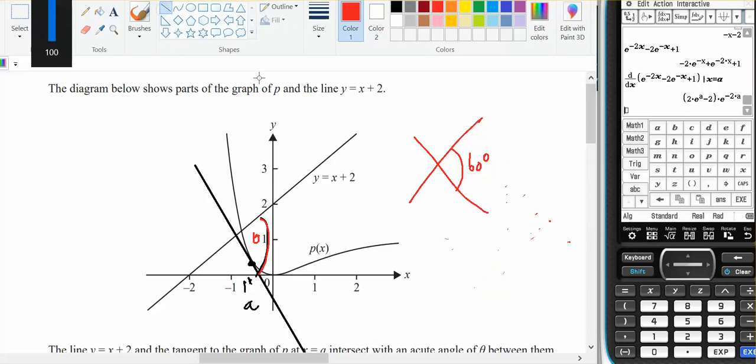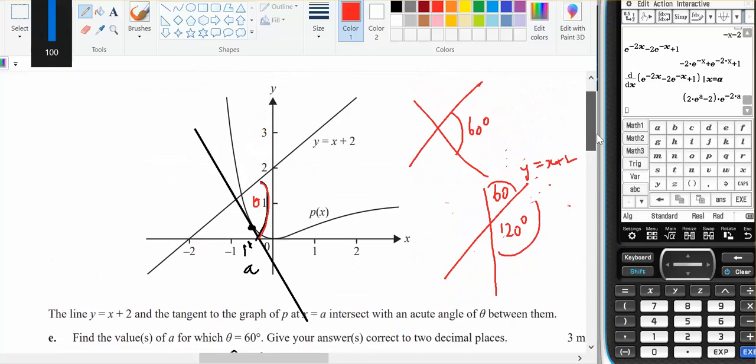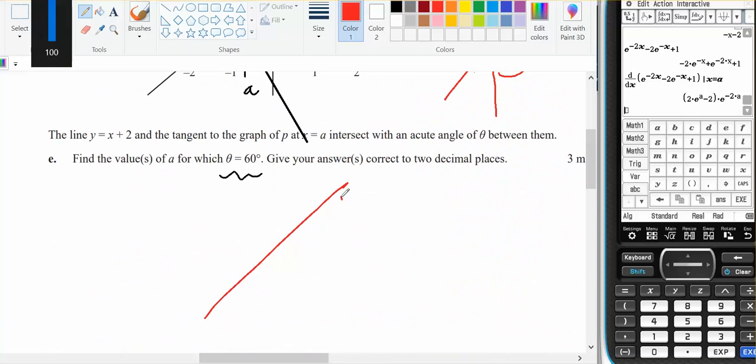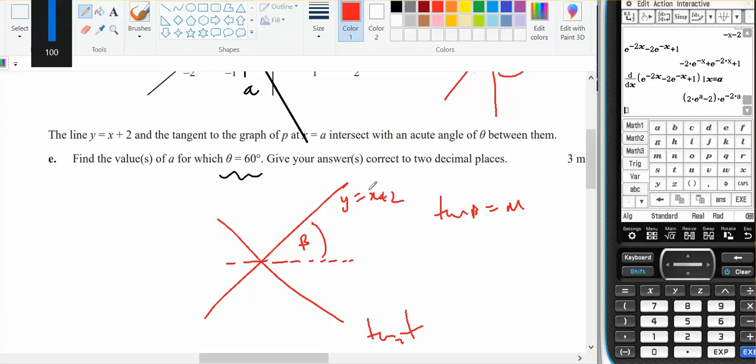So if I have y equals x plus 2 and I have my tangent, I know that this angle here, beta, that tan of beta will equal the gradient, which is 1.